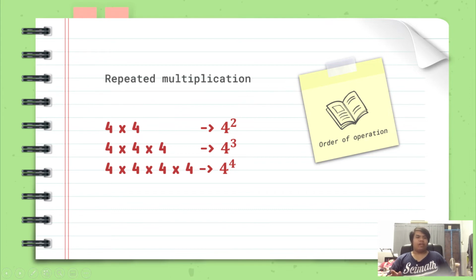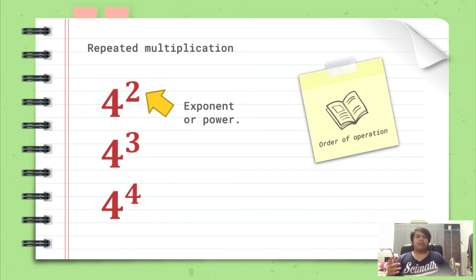And 4 times 4 times 4 can be written as 4 multiplied 3 times. And 4 times 4 times 4 times 4 can be written as 4 multiplied 4 times. You get the idea. This small number is called an exponent or power.